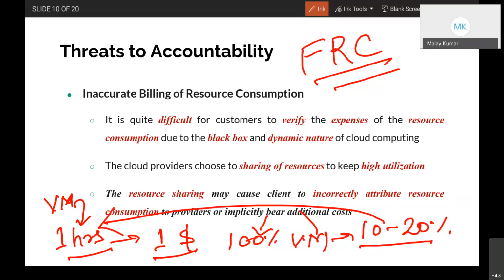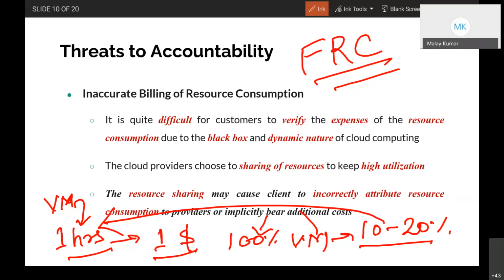And that is why many times it is said that the operations inside the cloud happen in a non-transparent manner, or in a black box. Also, due to the dynamic nature of cloud computing, since it allocates resources dynamically to a number of cloud service providers, it becomes very difficult for a client to understand or to get a log of its resource consumption.